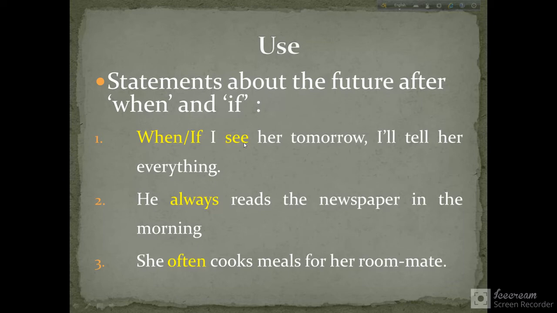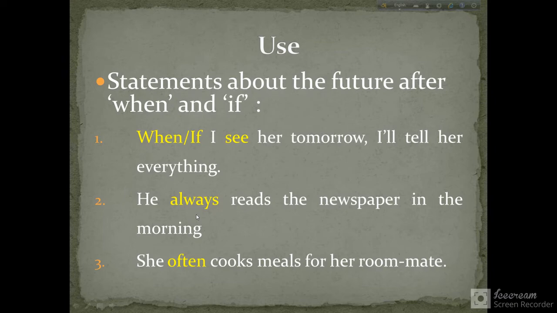So friends, in the next sentence, he always reads the newspaper in the morning. Here the word always means regularly. He reads the newspaper. This is the statement.